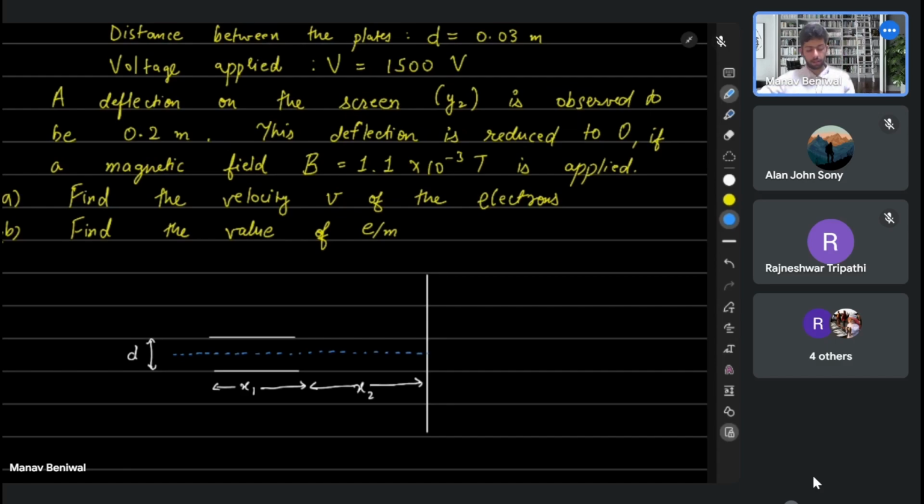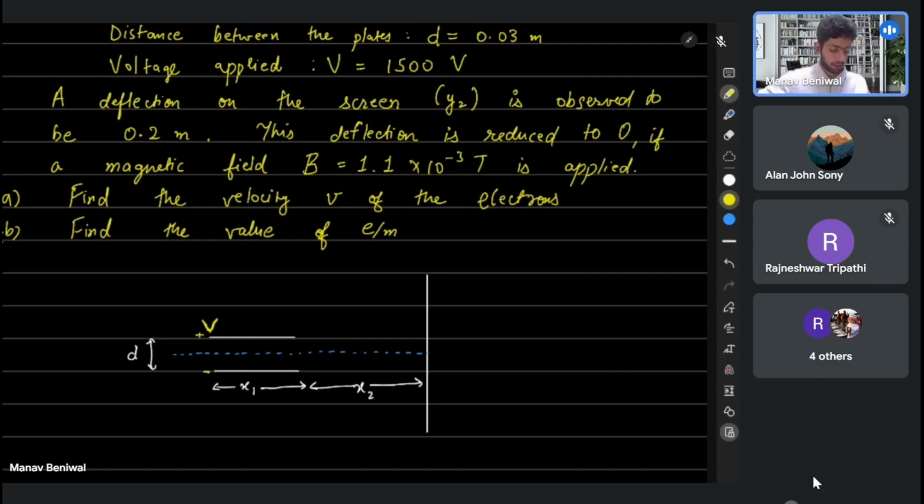And when you apply an electric field, that is, when you apply a potential V on these plates, you get an electric field.